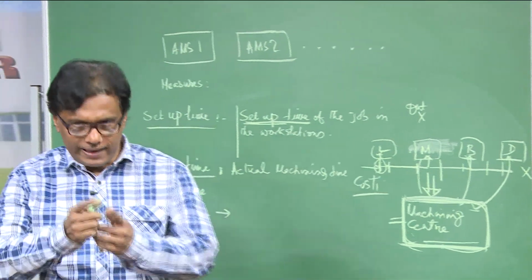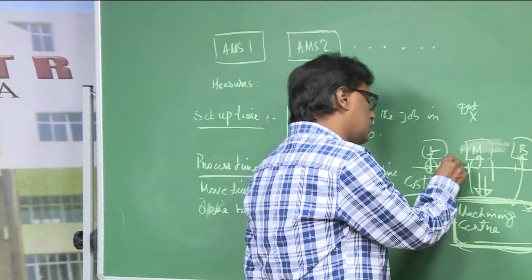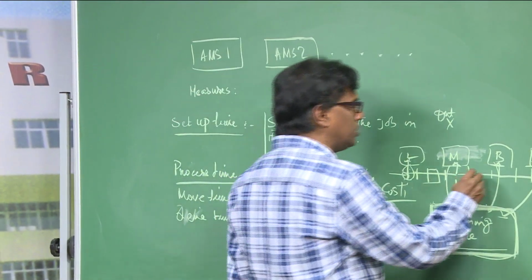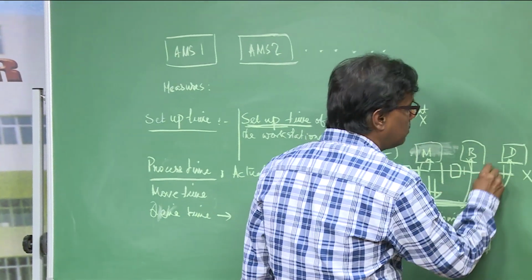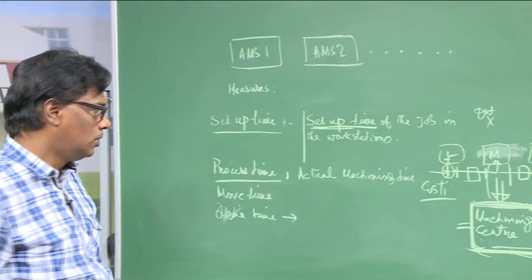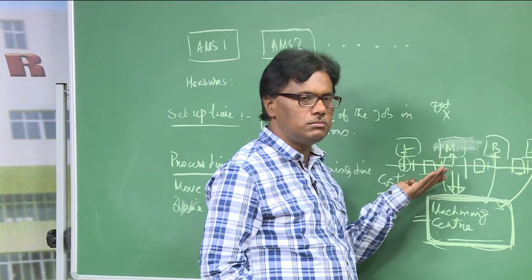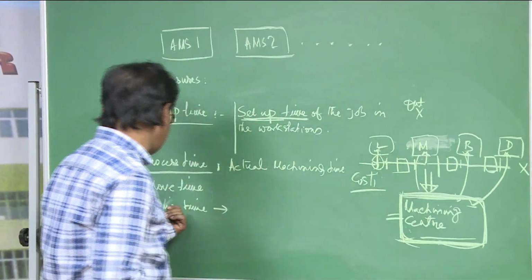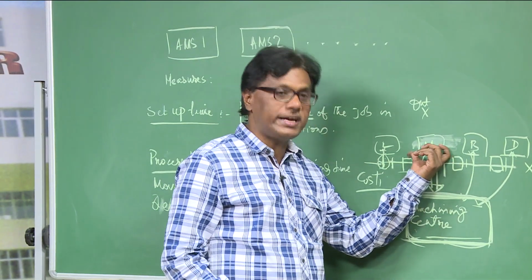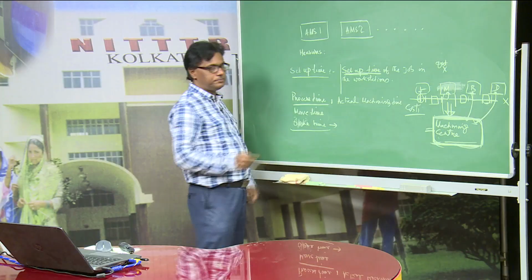So, a common practice in the industry is that I can put some number of parts in between the machines; this is called buffer storage. Some operations may have to wait for this, so this time is called queue time.